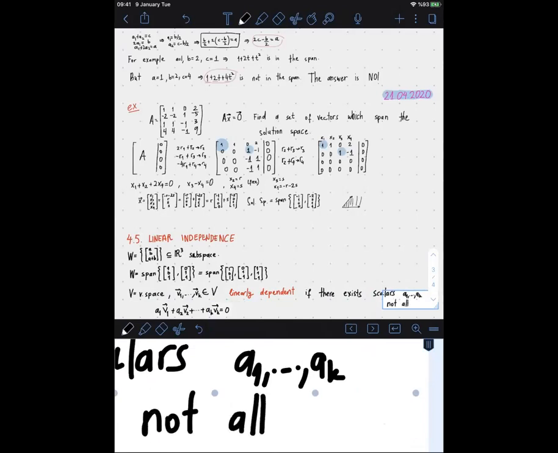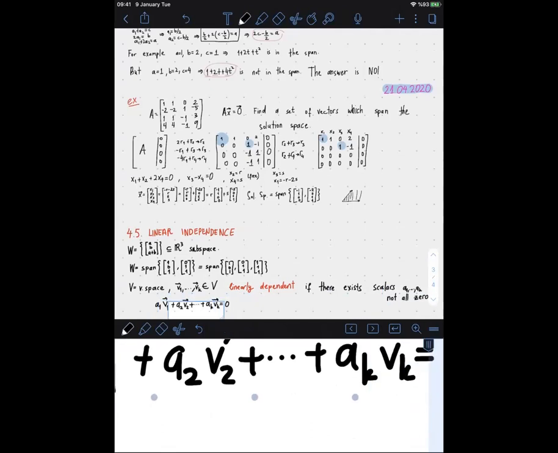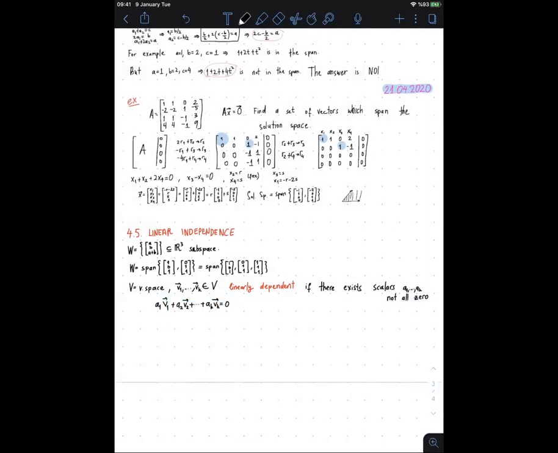Now let's look at why that is important. We call these vectors linearly dependent if there exist scalars not all 0 such that this equation holds. Of course, if I choose a1, a2, ak as 0, then this equation is automatically satisfied.